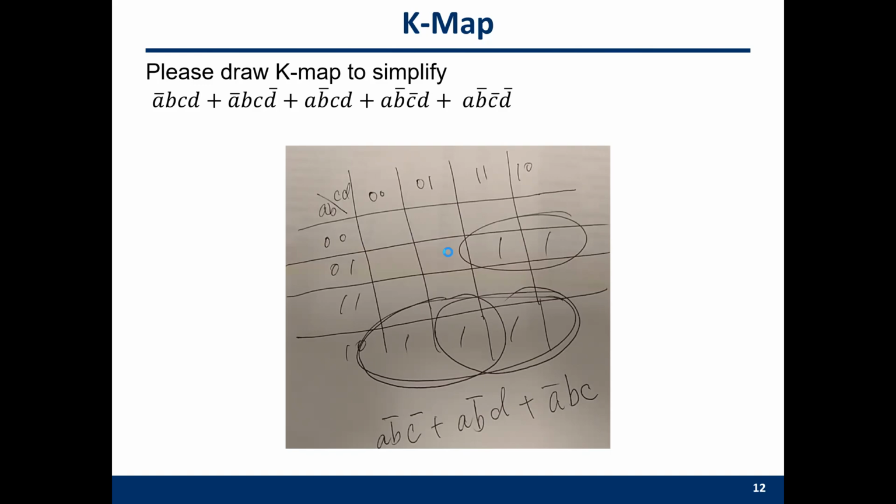So in order to generate a 1, A has to be 0. And the other variable in the first term, only A has the bar.